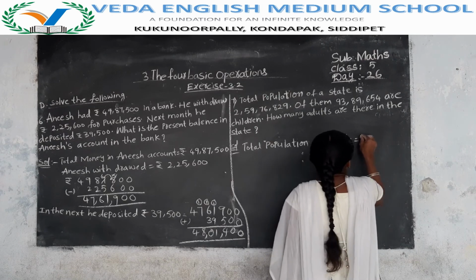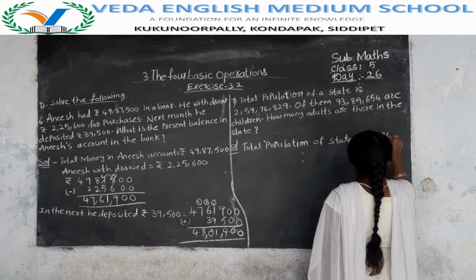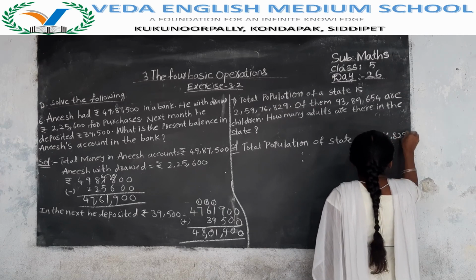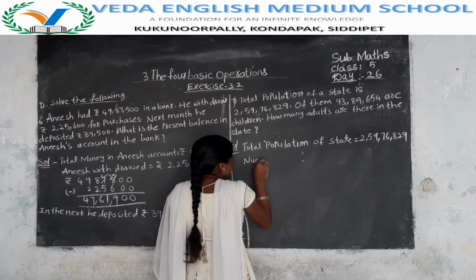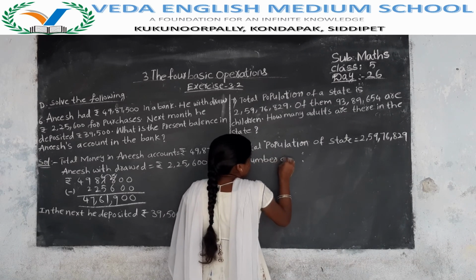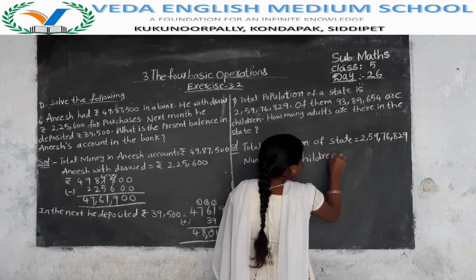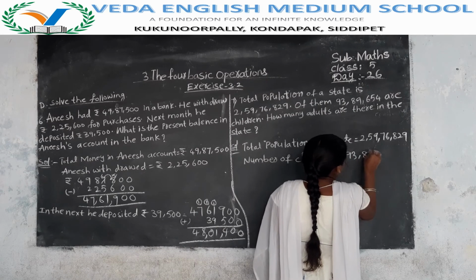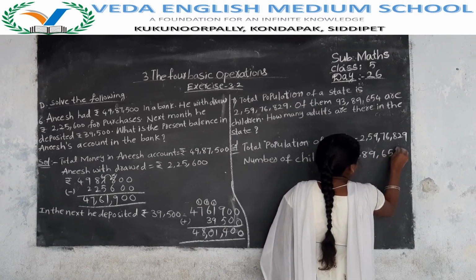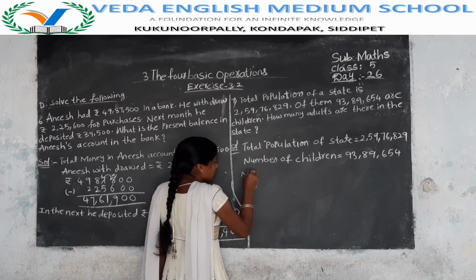Total population of state is equal to 2,59,76,829. Number of children is equal to 93,89,654. Then we have to find the number of adults.